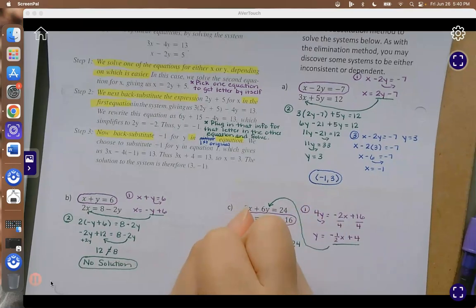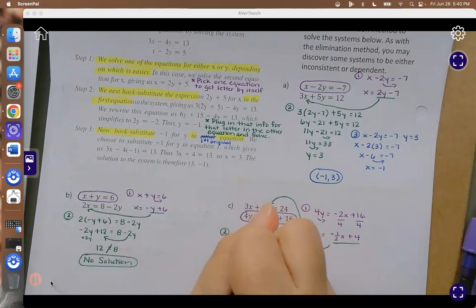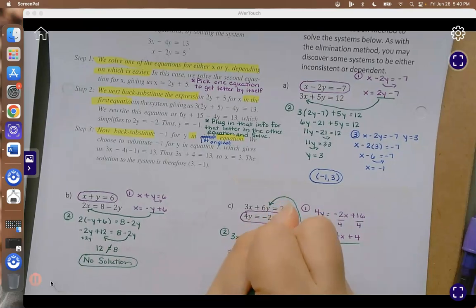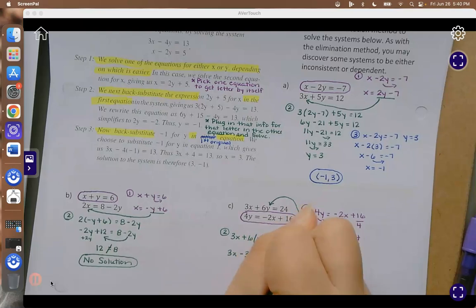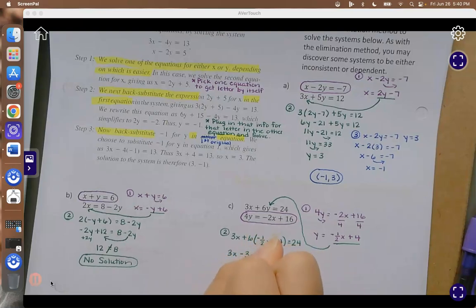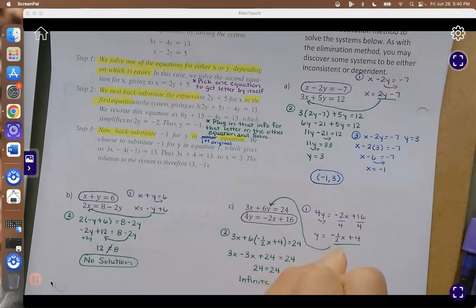All right, so I have 3x, half of 6 is 3, and there's a negative there, so that's negative 3x. 6 times 4 is 24. If you look here, those go away, and I'm left with 24 equals 24. That is a true statement, so this one is infinite number of solutions.